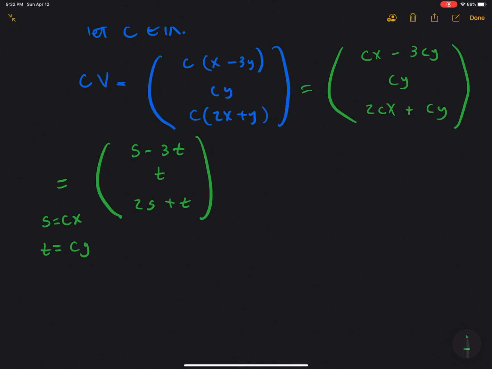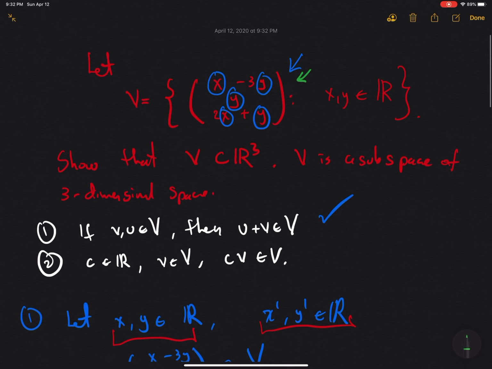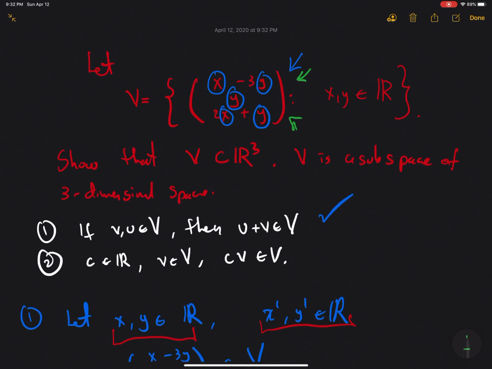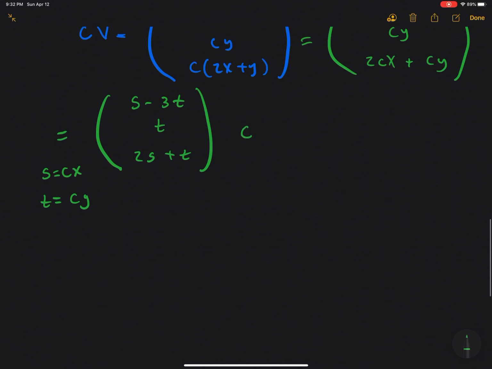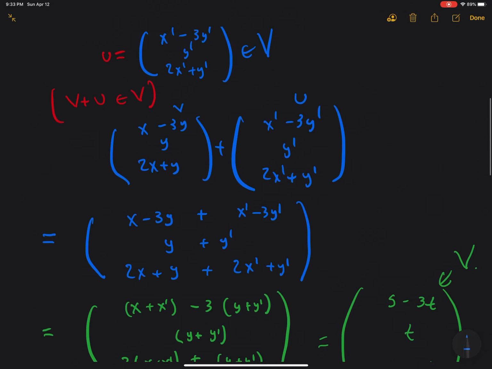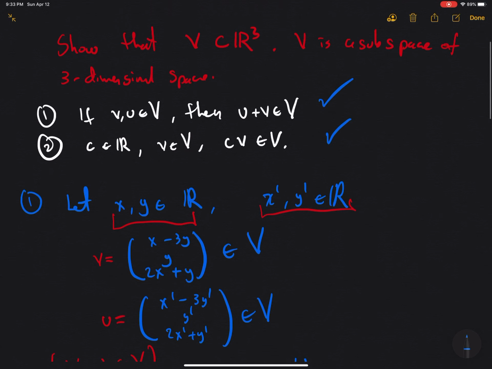And just as before, that follows the pattern for being an element of V. Because again, this same shape is satisfied. We have the first parameter minus 3 times the second parameter, the second parameter, and 2 times the first plus the second parameter. This is exactly the same thing that we have over here. So that means that both of our properties are satisfied on this set V.